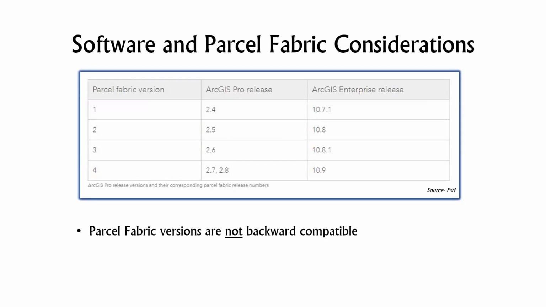So if your Parcel Fabric is version 4, that means you must have either ArcGIS Pro 2.7 or 2.8 and Enterprise 10.9 if you are in an enterprise environment. If your Parcel Fabric is version 2, that means your minimum Pro release is 2.5 and the minimum enterprise release is 10.8.